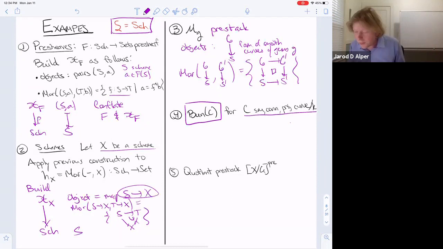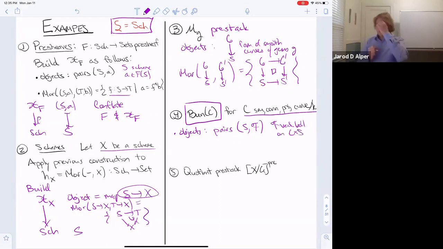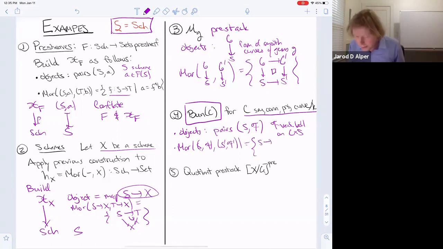Here we fix C once and for all, and now we're going to consider objects that are pairs consisting of a scheme S and an F, where F is a vector bundle on C cross S. And then a morphism, say from S, F to S prime, F prime, is going to be the data of a morphism of schemes, S to S prime.